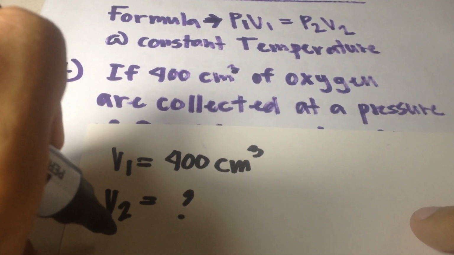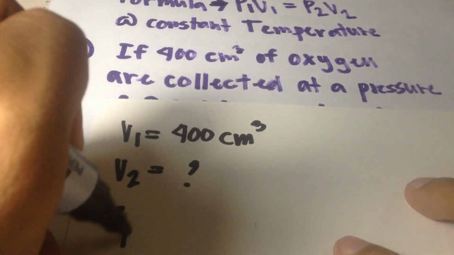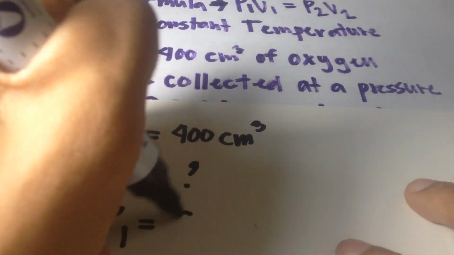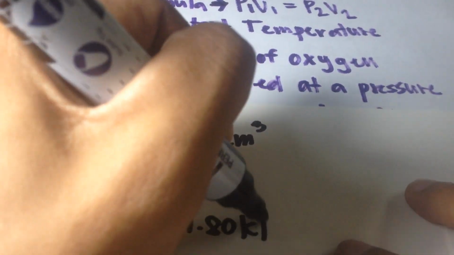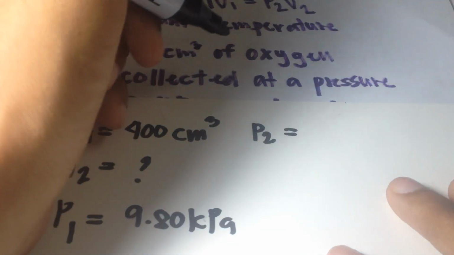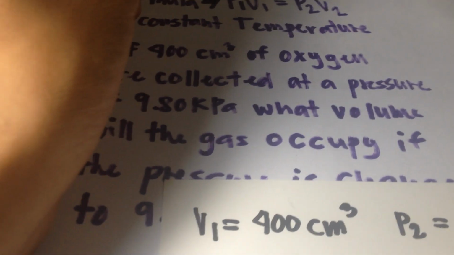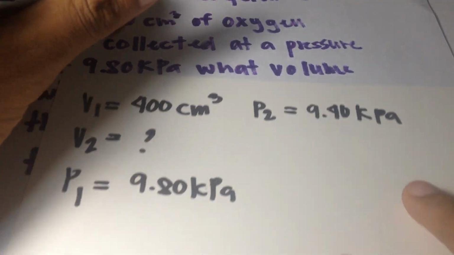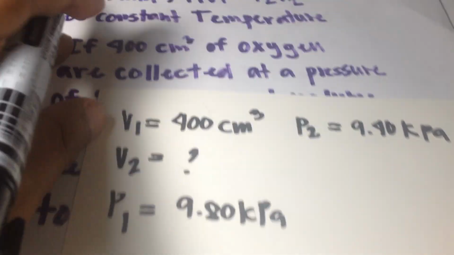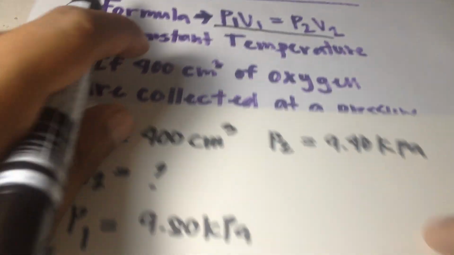And pressure 1 is equal to 9.80 kilopascal, and pressure 2 is 9.40 kilopascal, right? So that's it. The formula is P1V1 equals P2V2.